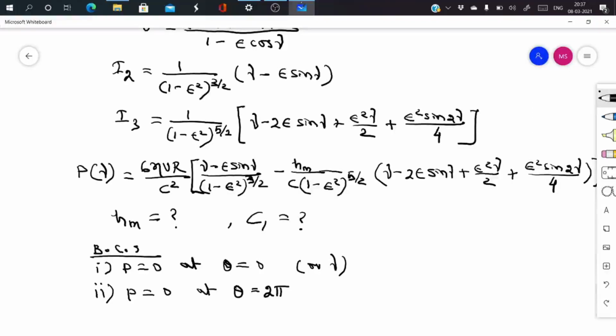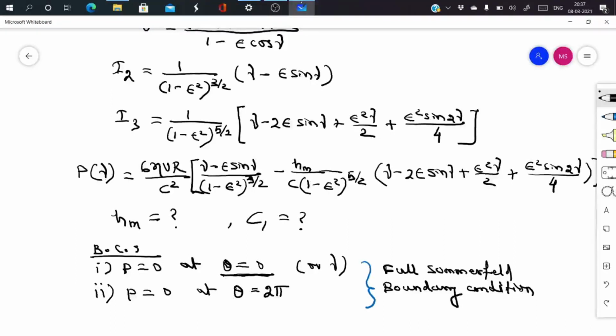This is called the full Sommerfeld boundary condition. What it does basically, P equal to 0 at theta equal to 0 and P equal to 0 at theta equal to 2 pi.